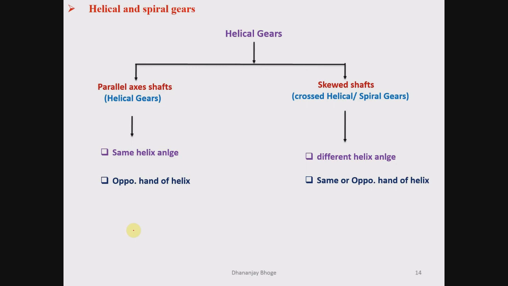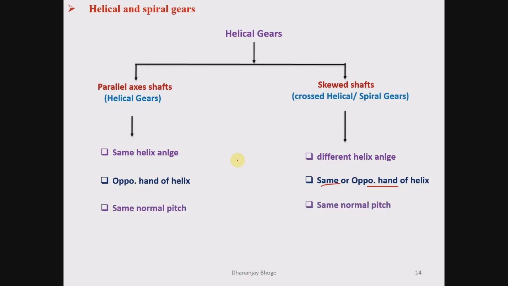So hand of helix is always opposite in case of parallel axis shafts, and for non-parallel and non-intersecting axis shaft, hand of helix may be same or it may be opposite. It depends on the shaft angle. ओके, हे क्लिअरली लक्षात ठेवायचं आहे सगळ्यांनी.